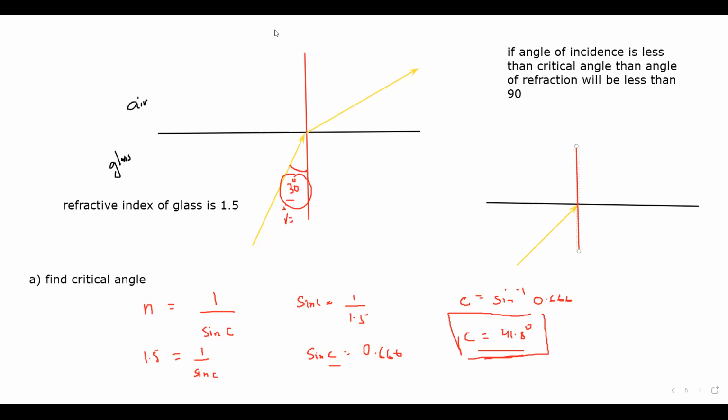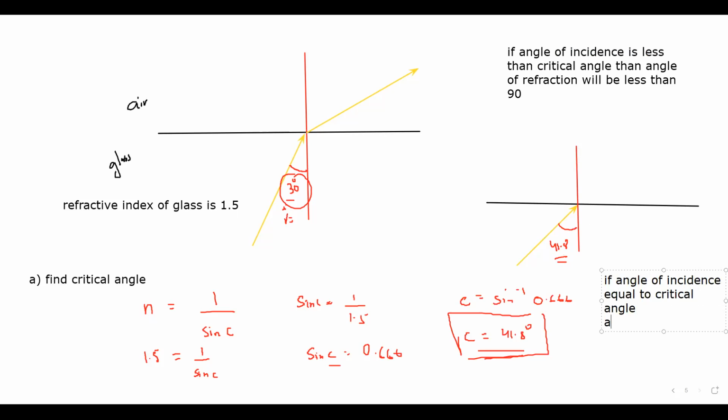So if the angle of incidence, this was 41.8, you can see the angle of incidence is equal to the critical angle. So if the angle of incidence is equal to the critical angle, then what will we observe?